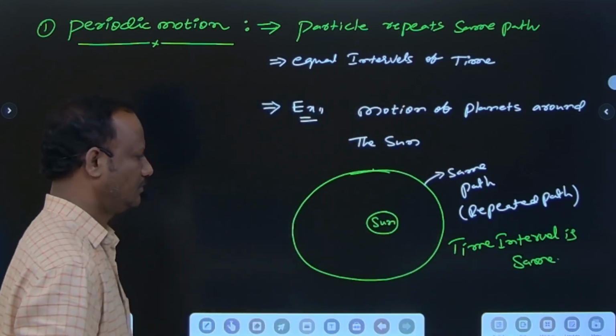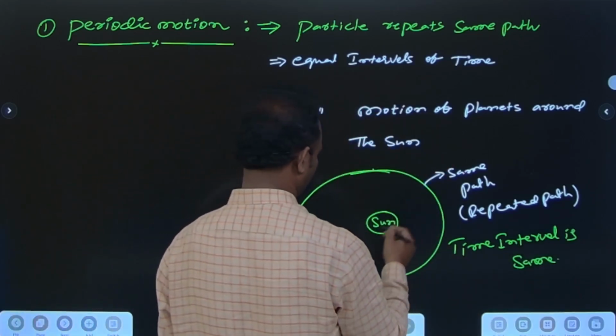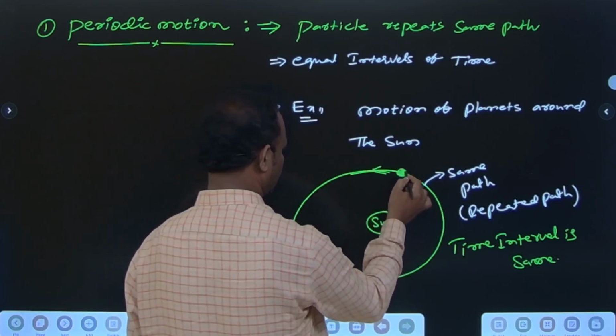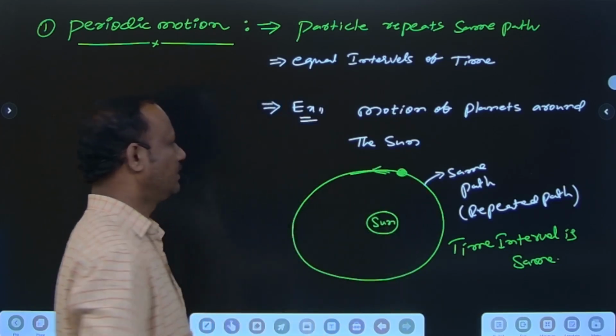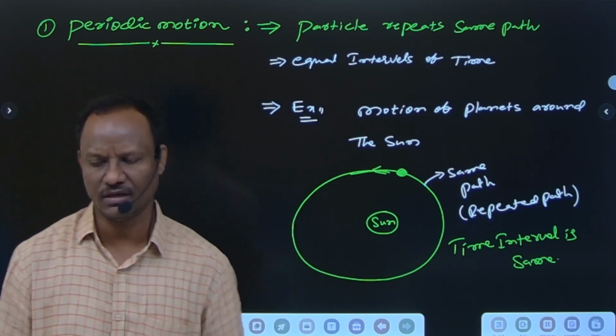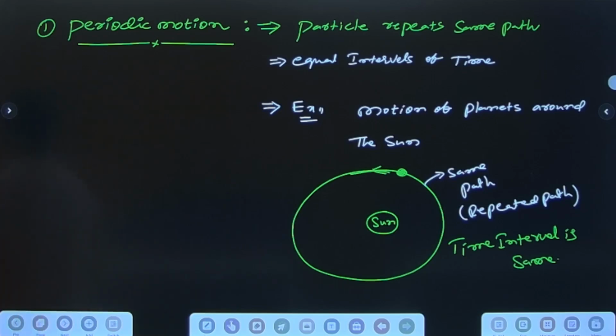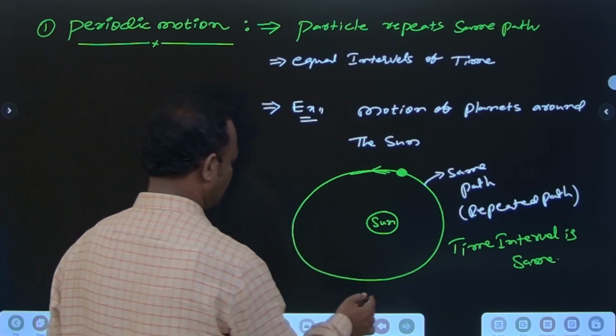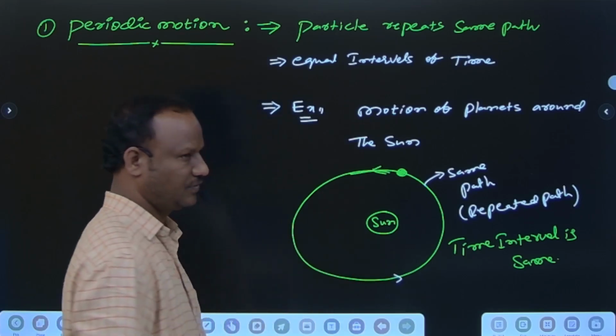This is called periodic motion. So in periodic motion, the particle has to move along the same path in equal intervals of time.